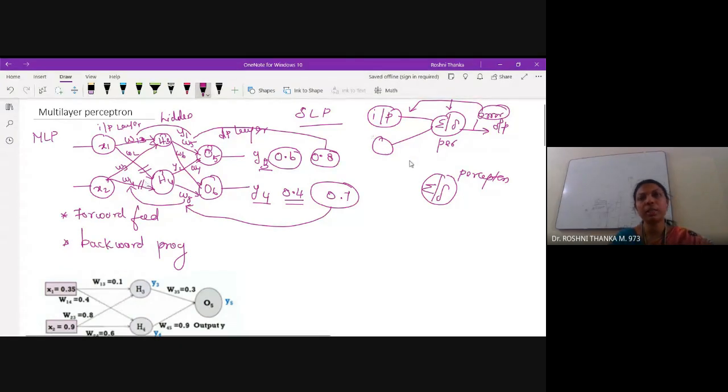We already have learned the algorithm of the single layer perceptron. First we should know what the input is, and then what the weight is. Sometimes bias will be added. In this case, we are not going to consider the bias. As I have told, there are three different ways of having a bias: not having bias, or bias with the weight.